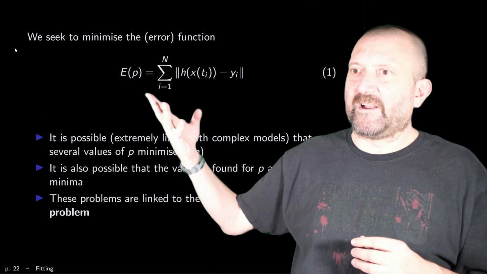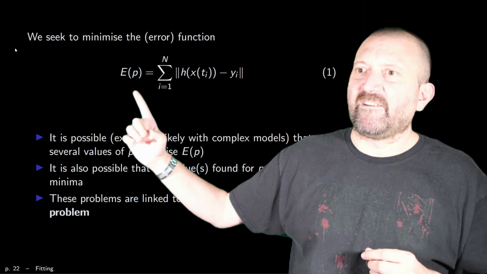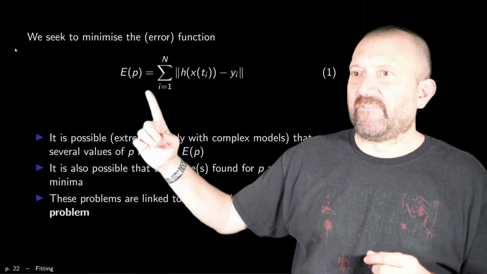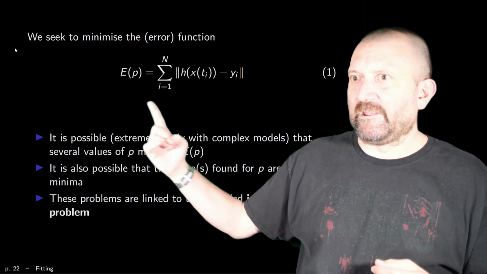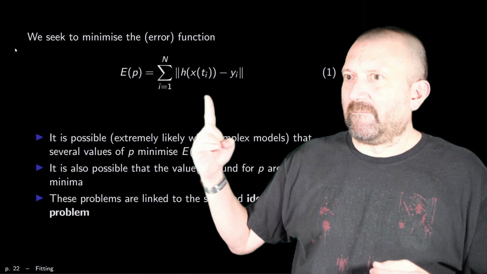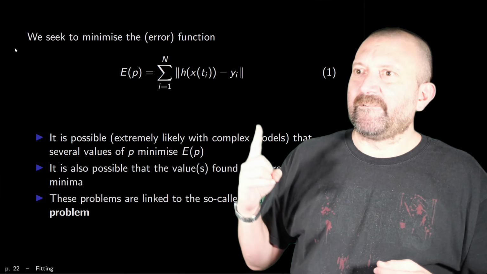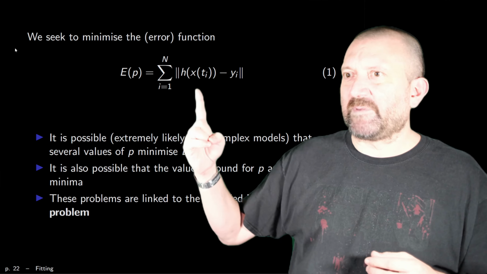So remember that our aim is to minimize as a function of p this error function e of p. Now, when you're doing this, you can see this is a complicated function.